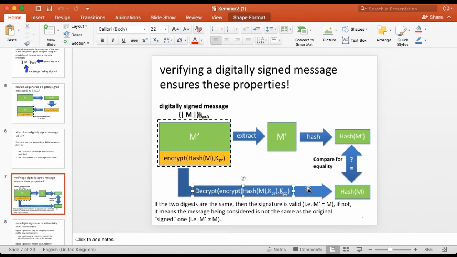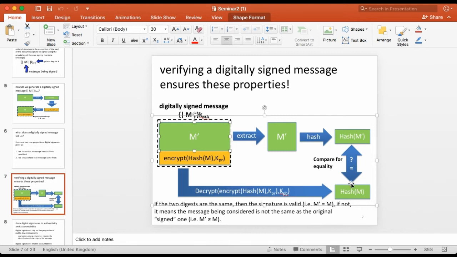We've decrypted it successfully. So we arrive now at a point where we can ask ourselves the following question: is this hash that we've just decrypted equal to the hash of the message that came with the digital signature or not?